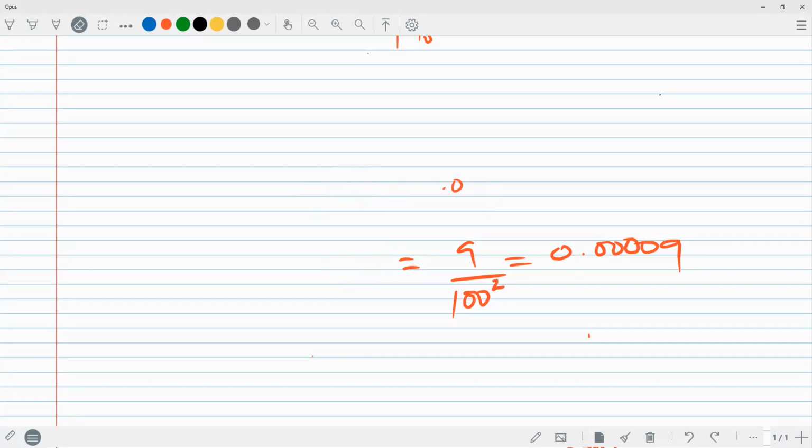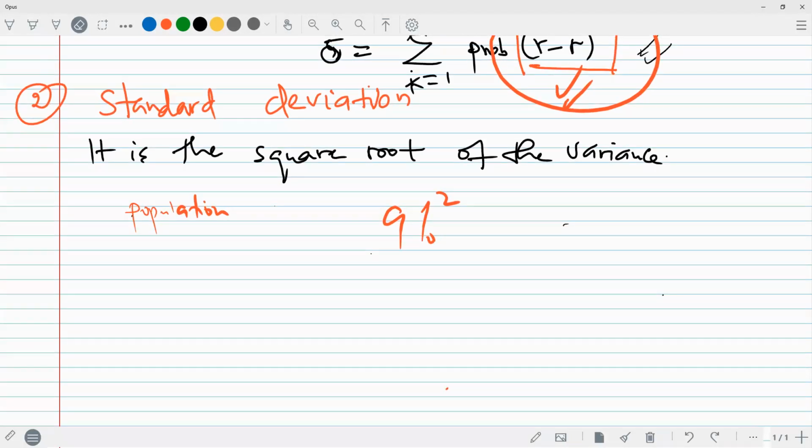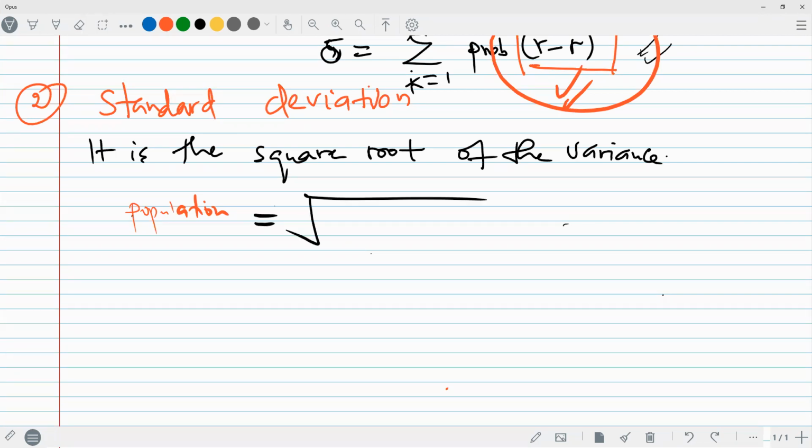Okay, so that's on the standard deviation. You see that it is simply the square root of the variance.